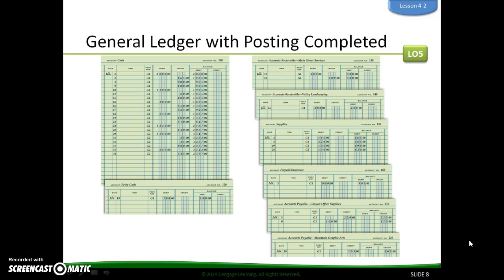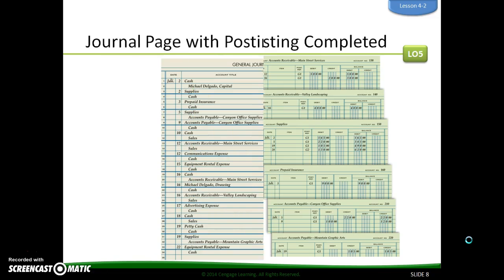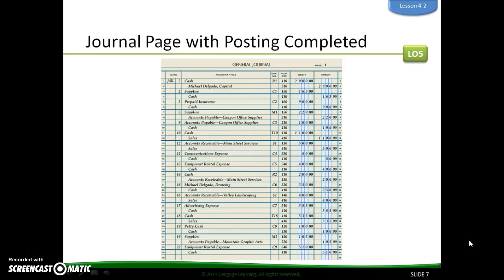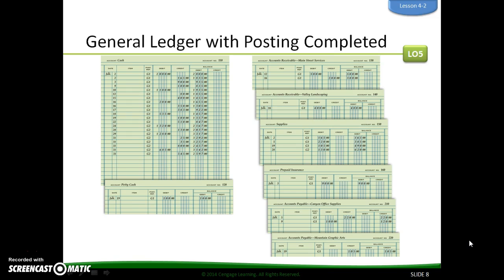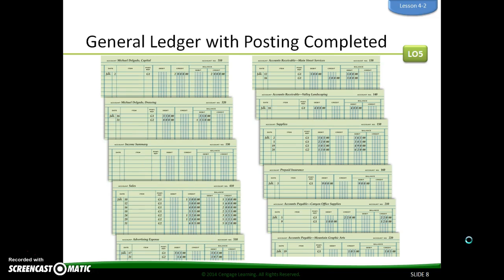So you can see we have a cash, we have accounts receivable, we have supplies, we have prepaid insurance. So every single transaction that was posted in our general journal, we have now individually posted to our general ledger accounts.